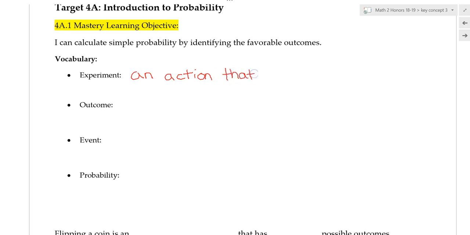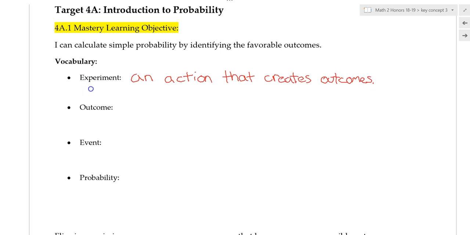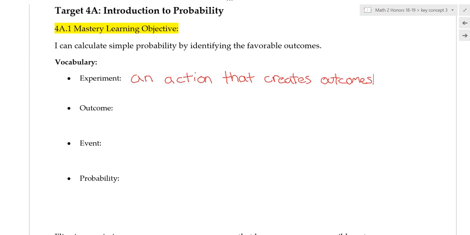So an experiment is something that you're actually doing. For example, my experiment could be rolling a die, just like we did in class. Your experiment is rolling a die.